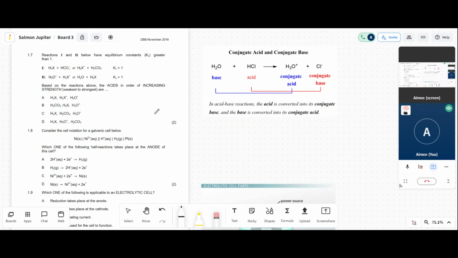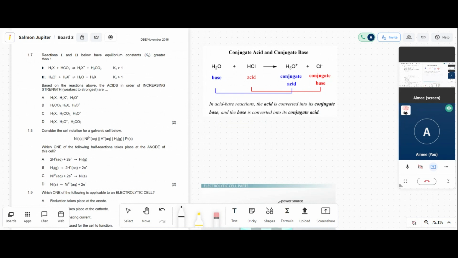Okay, 1.7, reactions 1 and 2 below have equilibrium constants, Kc greater than 1. Based on the reactions above, the acids in order of increasing strength, so from weakest to strongest, are. Okay, so all you basically got to do with this question is identify in which reactions each compound is acting as an acid.